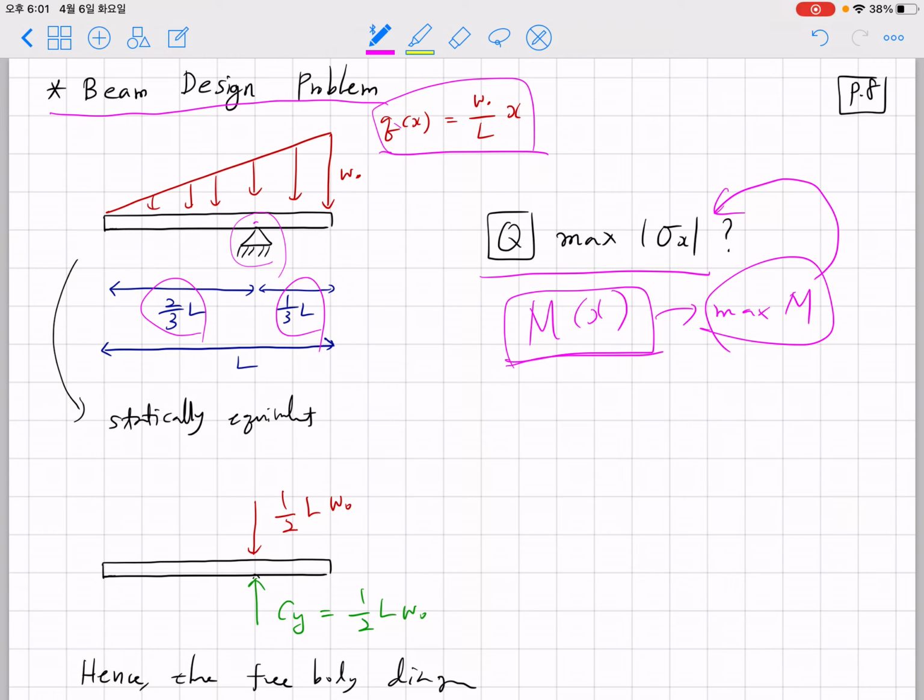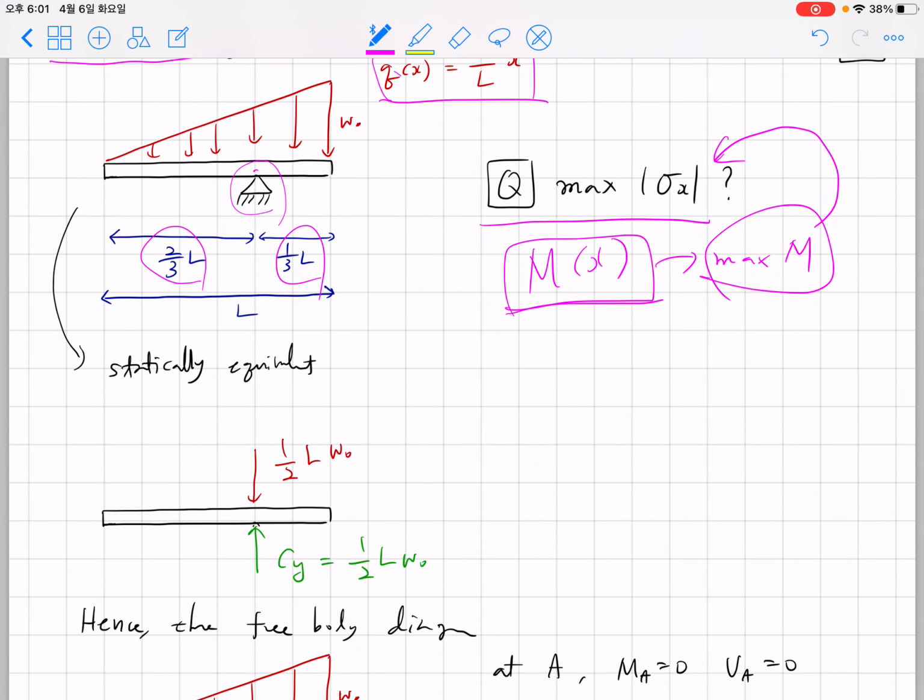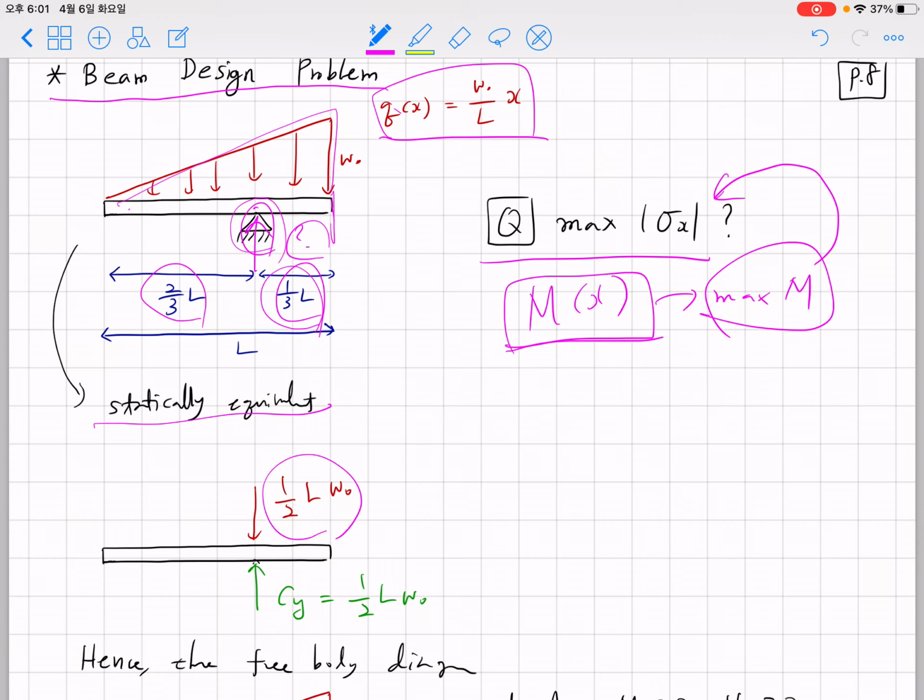Before applying rule 1, rule 2, rule 3, we have to obtain the reaction first. This is the unknown reaction, and we have to obtain that first. For this problem, interestingly, because this distributed loading is located at the 1/3 position from the right end, a statically equivalent problem can be designed with a force of half L W0.